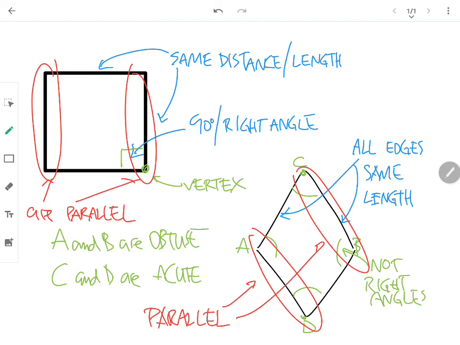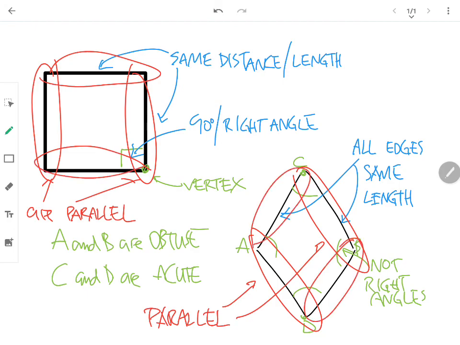So in both a square and in a rhombus, opposite edges are parallel to one another.